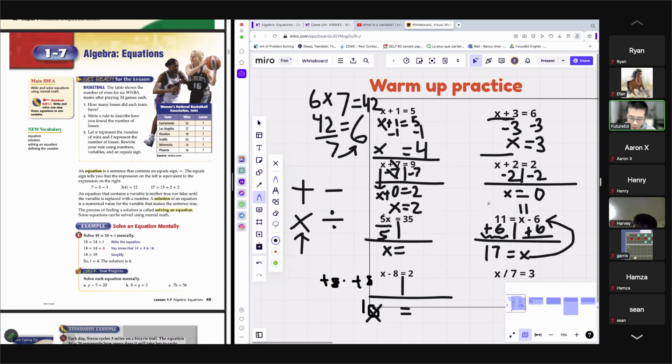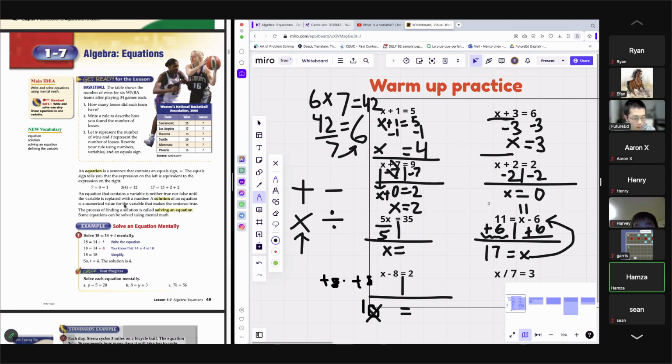We multiplied x by 5 to get 35, so to get rid of the multiplied by 5, we need to divide by 5. You actually just did that, Hamza. At the beginning, I had a 6, and you multiplied it by 7 to get 42, and then you took that 42, divided by 7, and got the original 6, right? You following, Hamza?